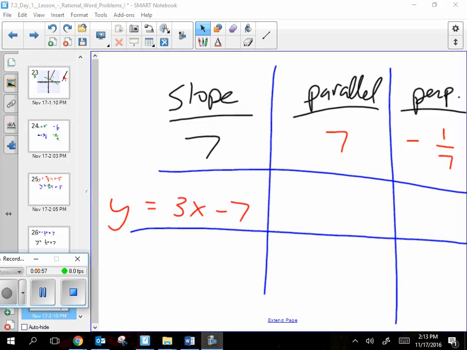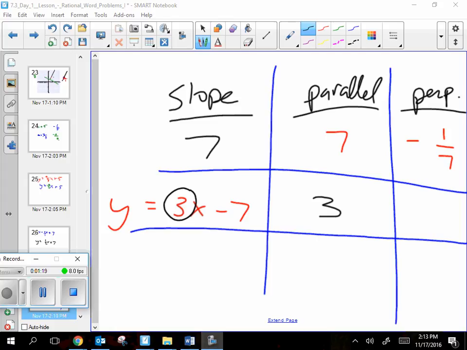Parallel is the simple one. Parallel is the really simple one. It's even simpler than that. It's just the parallel to this means it stays the same.